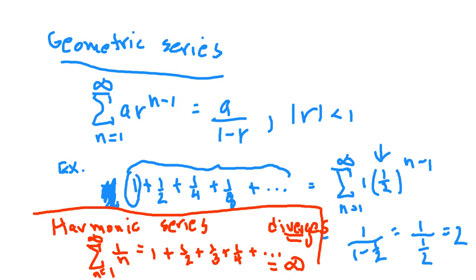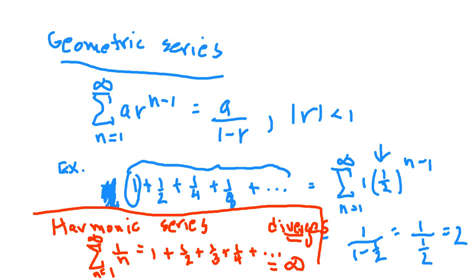So we studied these two fundamental series from section 8.2, and now we hopefully have a decent understanding of them, and now we can explore some new kinds of problems.